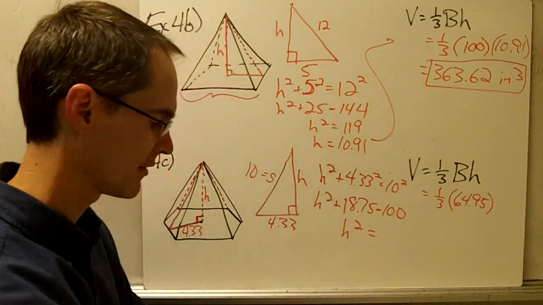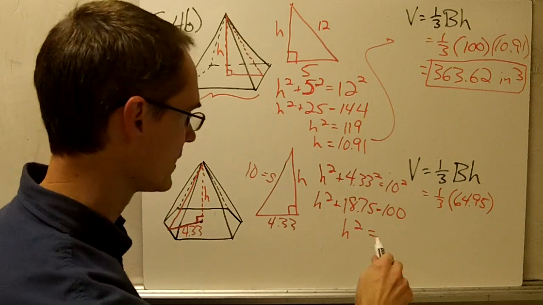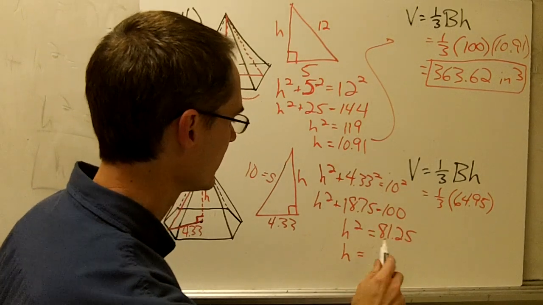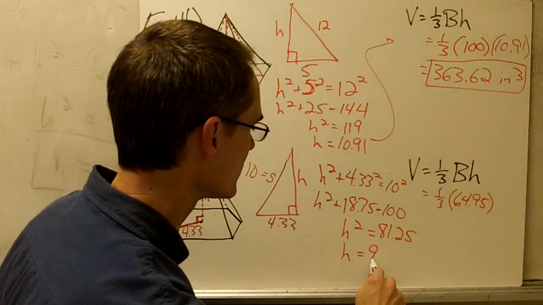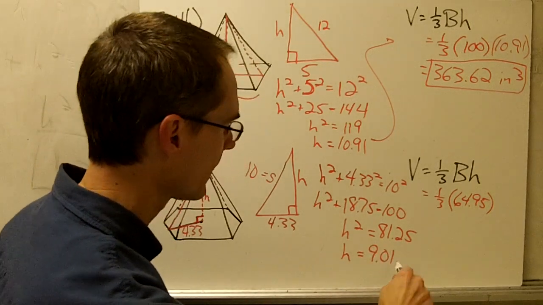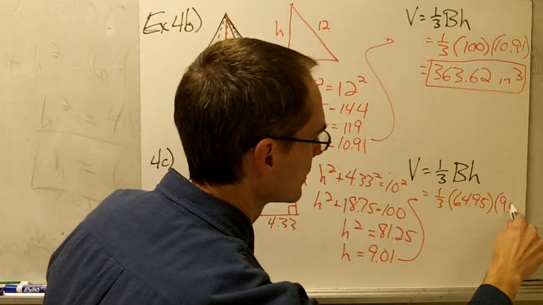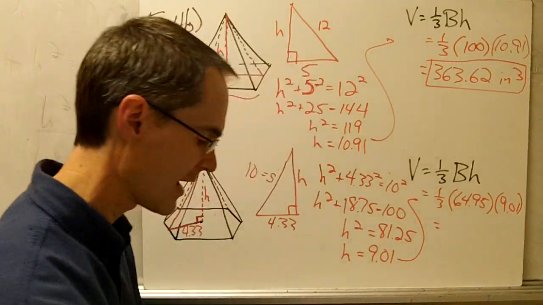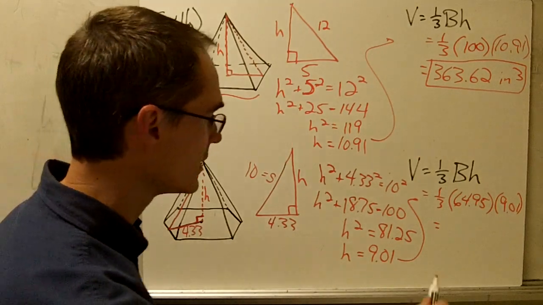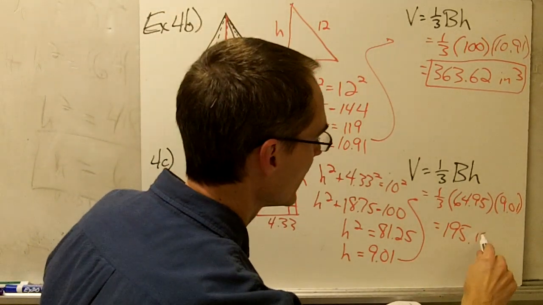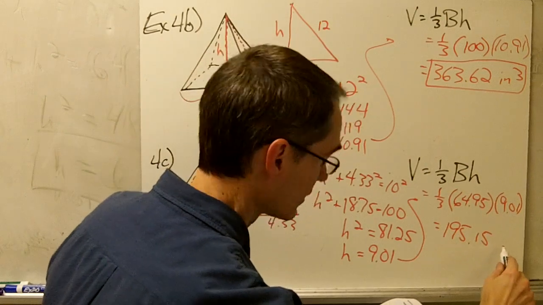Subtract 18.75 from both sides, and I get h squared equals 81.25, and taking the square root of each of those, I get h is 9.01, and again I plug that in here, and I find that my volume is 195.15 cubic feet.